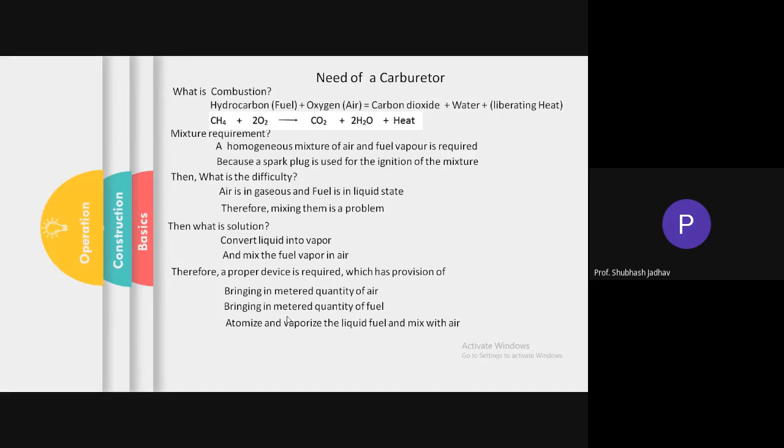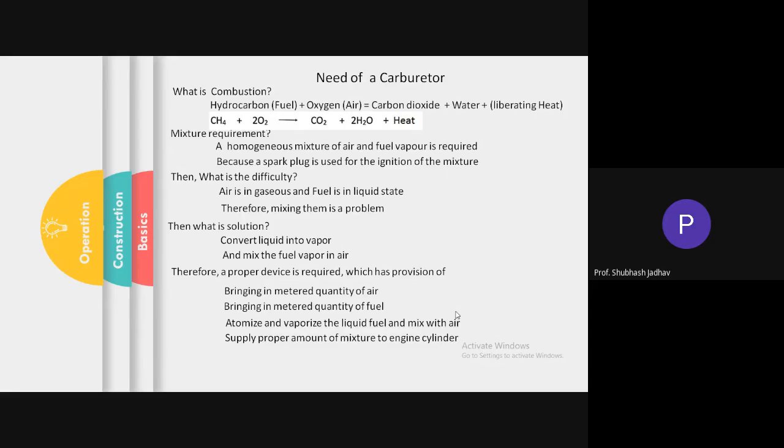Now this atomized fuel is then vaporized, and the fuel vapor is then mixed with air. So this liquid fuel, that is atomized fuel, is vaporized, and this fuel vapor is mixed with air to form air fuel mixture. And this mixture is what we are supposed to supply to the engine cylinder. Okay, and that is where our requirement of a carburetor is coming into the picture.